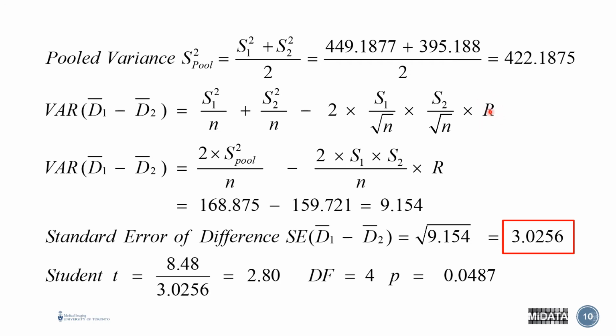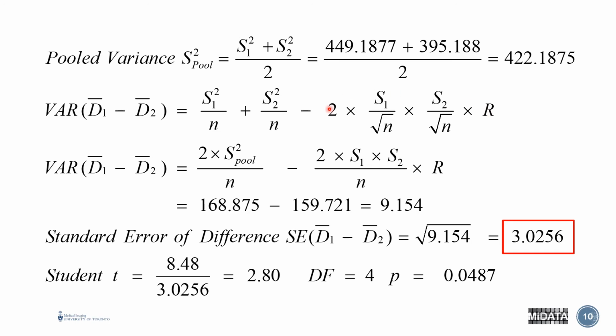So this makes sense. If there is no correlation between the two of them, literally 0, then this whole term goes away. And if that's the case, for the unpaired data, we are assuming R is 0, then the standard error ends up being 13, which is the square root of 168. But we found, oh, no, that's not the case. There's actually 0.9. Whoa, there's a very strong relationship.